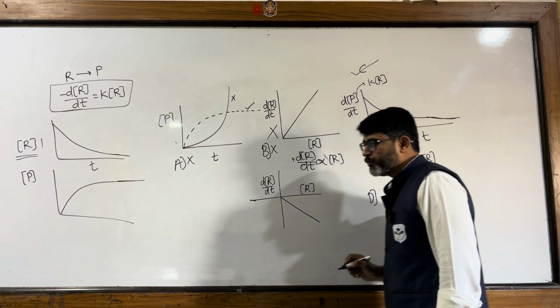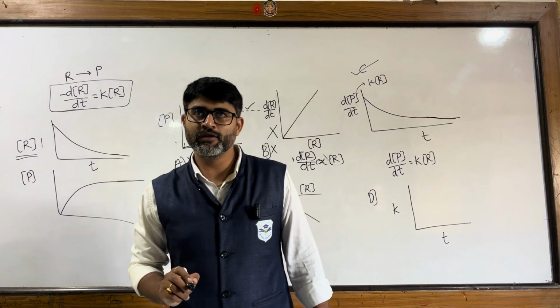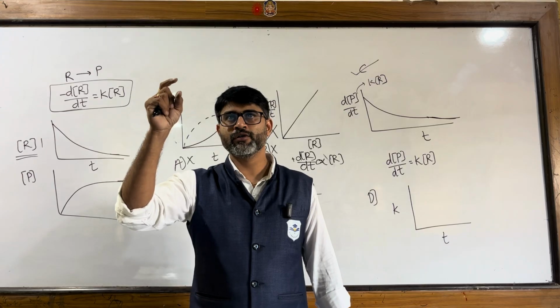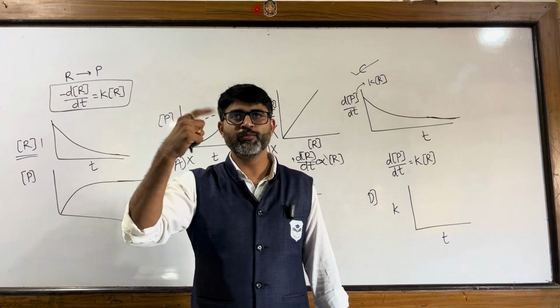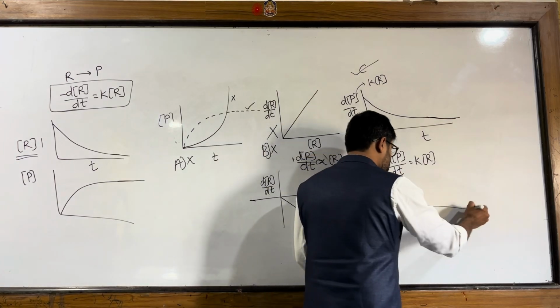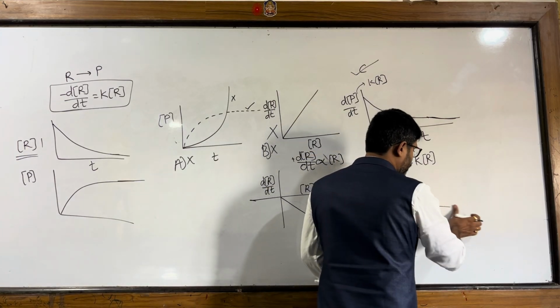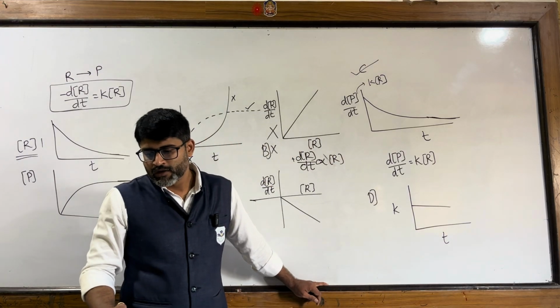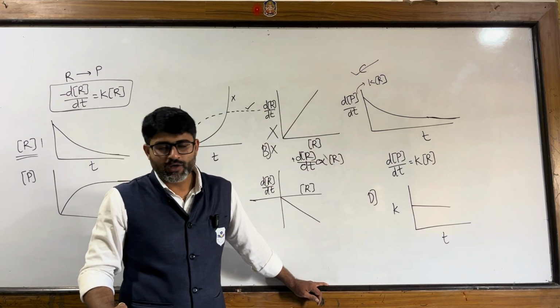It is mentioned that the reaction is happening at a given temperature, so temperature is not changed. So the rate constant remains the same. Rate constant will not change. So D graph is also correct.